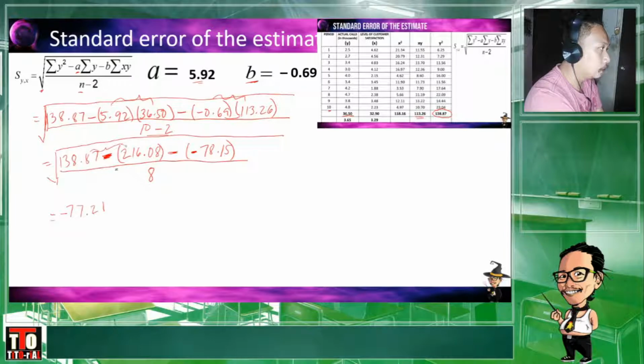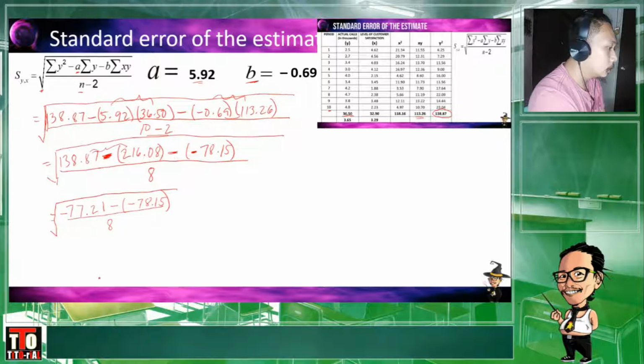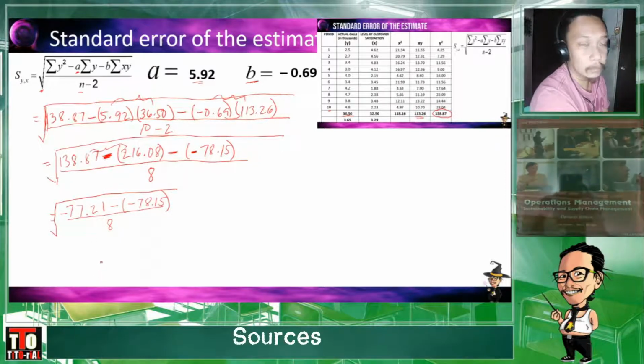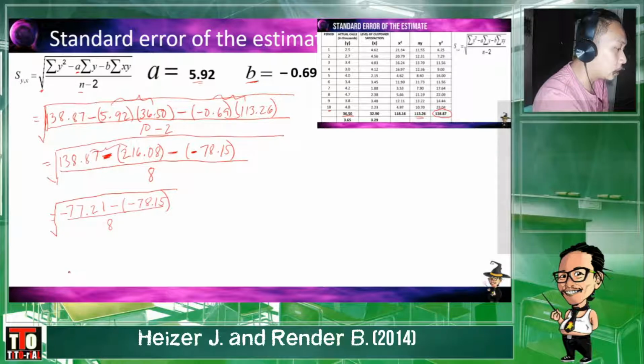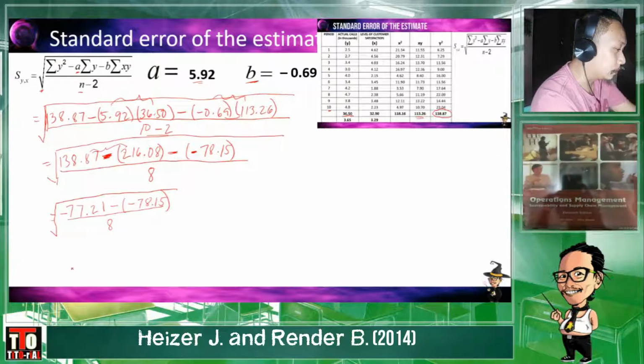So, minus negative 78.15 divided by 8. So, don't forget yung square root sign natin. Okay? Ang gulo-gulo na ng screen natin.